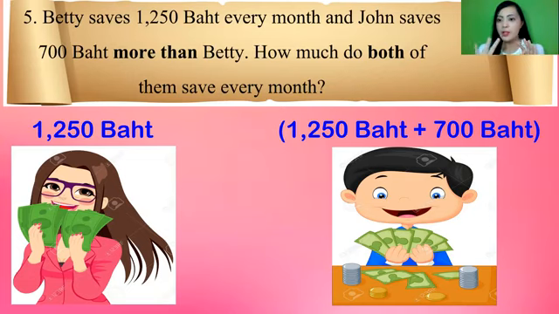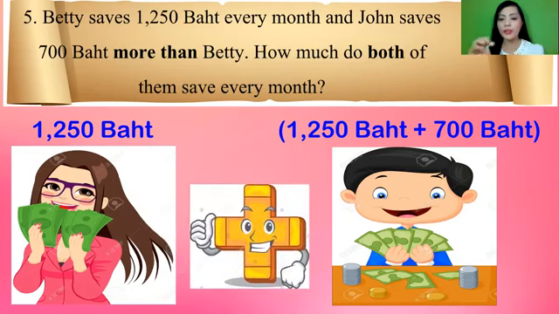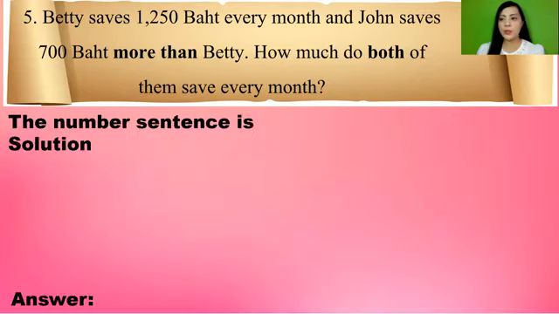So we have 3 numbers here to solve. Okay, let's go on to the word both is addition, right? So we need to plus Betty's saving plus John's savings, okay, as I have said. But we need to find out first how much money does John save, okay? So let's go on to the process.